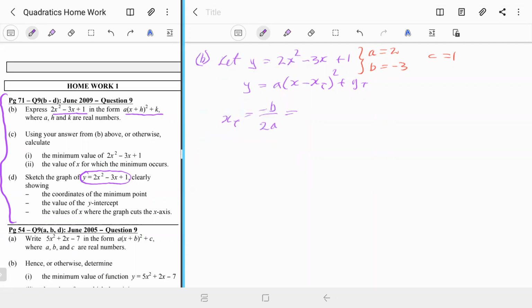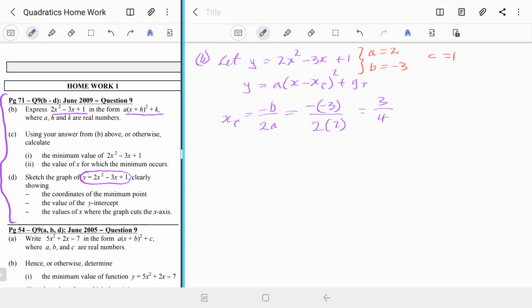So this becomes minus b, but b itself is -3, so minus a -3 becomes a plus. I divide that by 2 times a, and a is 2, so 2 times 2 is 4.